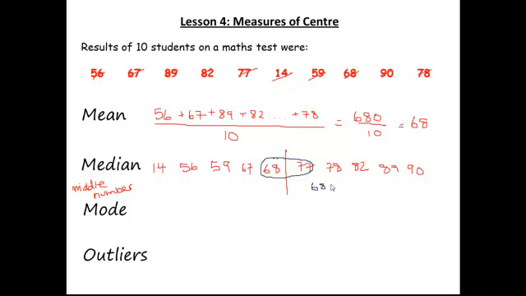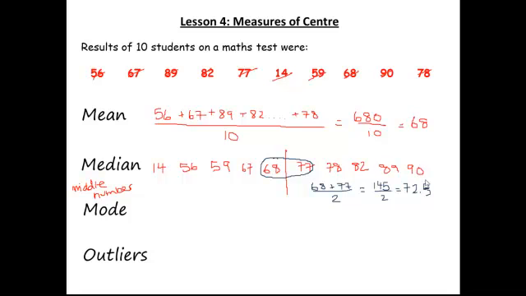We add them together, 68 plus 77, and we divide that by 2. So 68 plus 77 is 145. If I divide that by 2, the middle there is 72.5. So the median value is 72.5. Okay, if we compare that with the mean, it is slightly higher.